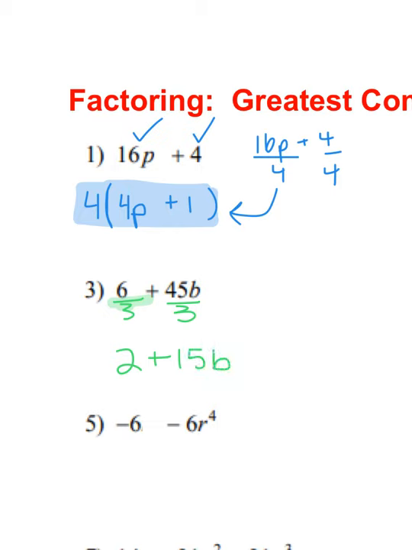Don't forget to put that common factor outside the multiplication parentheses so that if you were to remultiply these, you would get back to that original. So my final answer is 3 multiplied by 2 plus 15b. It's called the factored form of the 6 plus 45b.